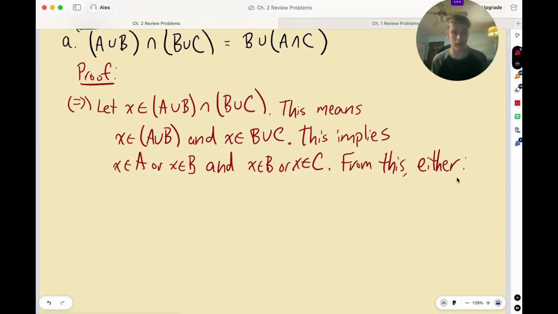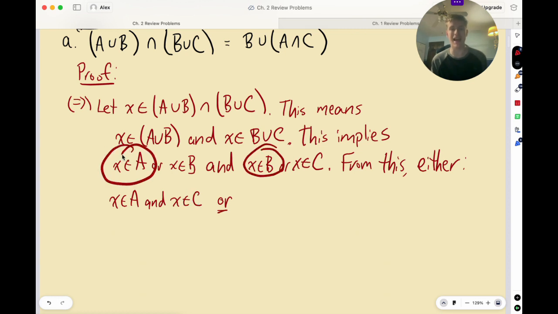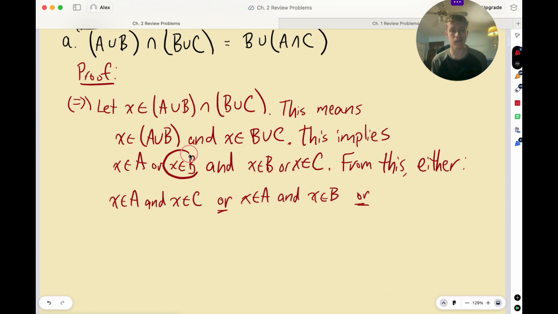Either x is in A and x is in B, or x is in A and x is in C, or x is in B and x is in B, which is really just saying that x is in B, or x is in B and x is in C.